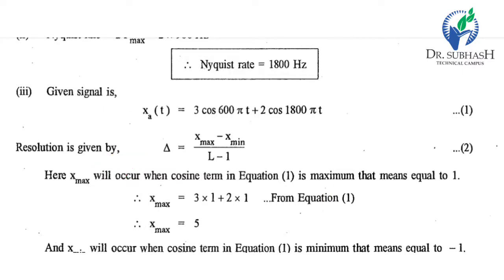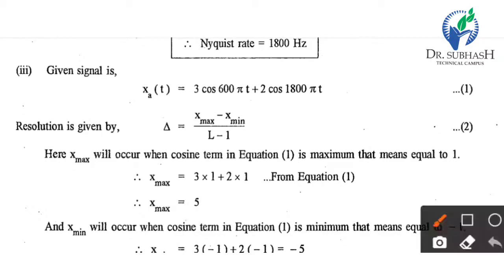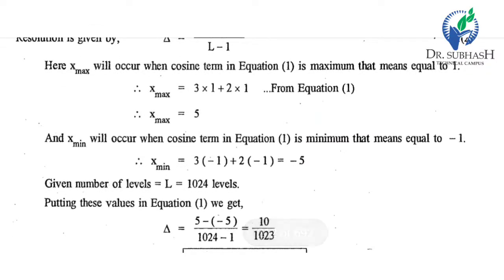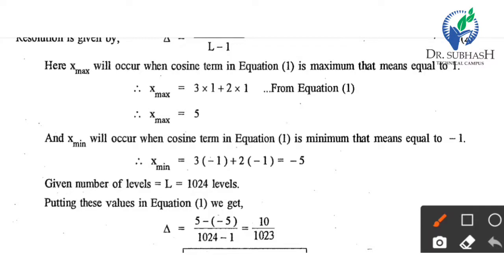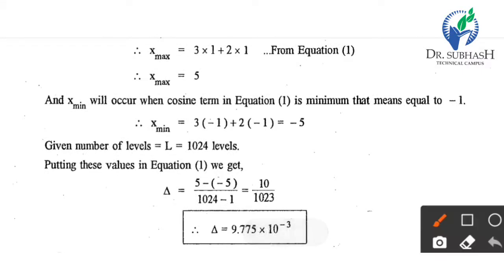Here xa of t is given as 3 cos 600 pi t plus 2 cos 1800 pi t. So x max will occur when the cosine terms in equation 1 are maximum, that means equal to 1. So 3 multiplied by 1 plus 2 multiplied by 1, that is x max equal to 5, and for x minimum we put the cosine terms equal to -1, that is 3 multiplied by -1 and 2 multiplied by -1. So x minimum equal to -5 and x maximum equal to +5.